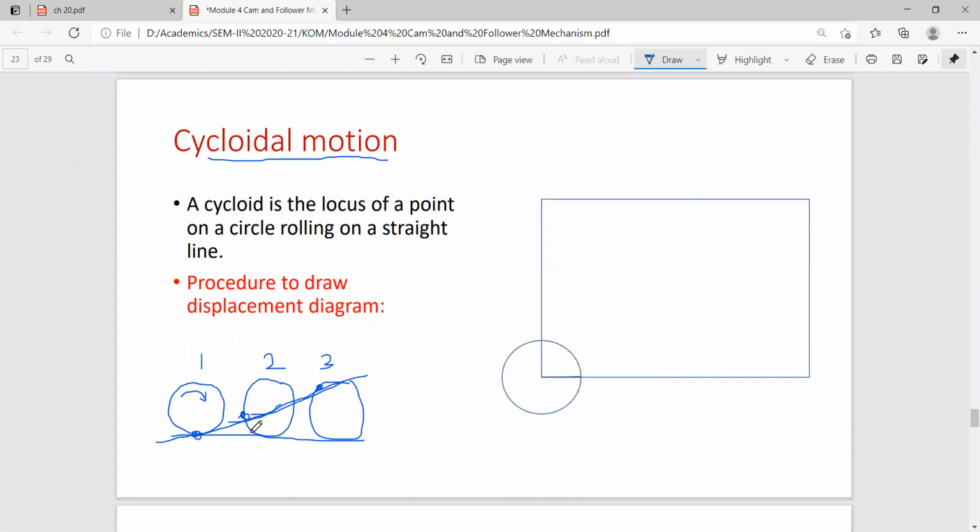It will be governed by this motion. So at a particular angle theta, what will be the height of the follower? That will be governed using this kind of construction.